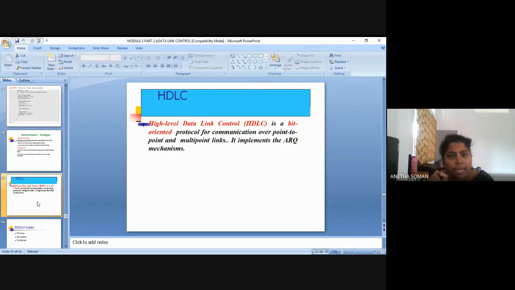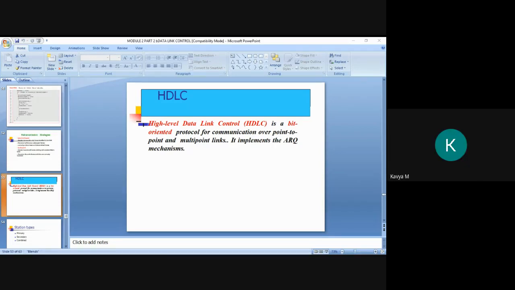Where have you studied this bit-oriented protocol? Can anybody answer? Recollect and tell me. I have used the word bit-oriented protocol. Yes. Who will answer? Nachiket. Kavya. Okay, you tell.